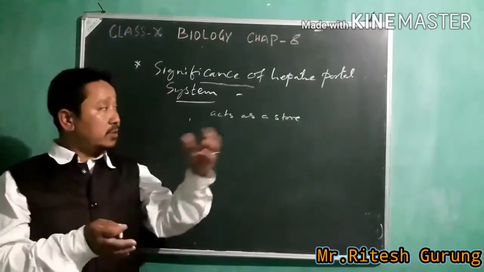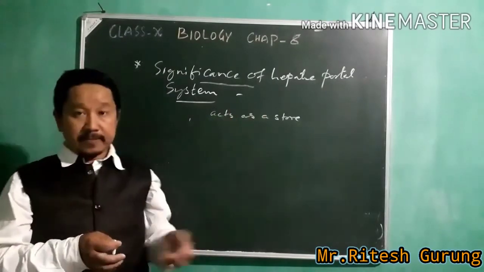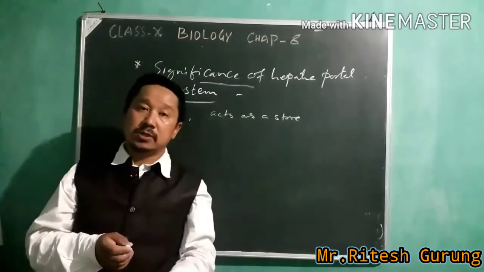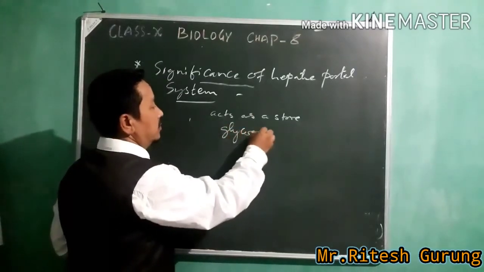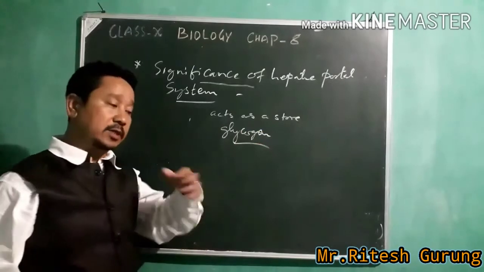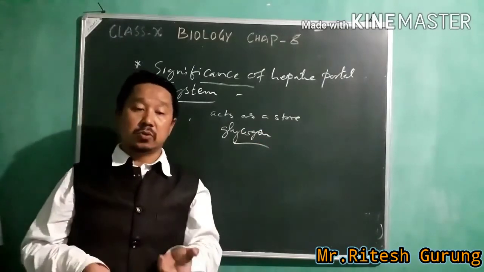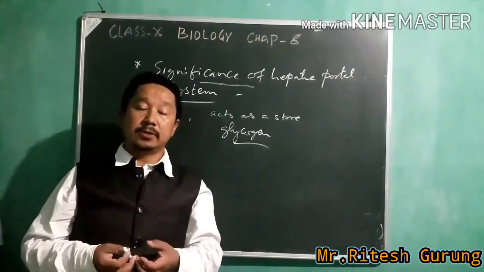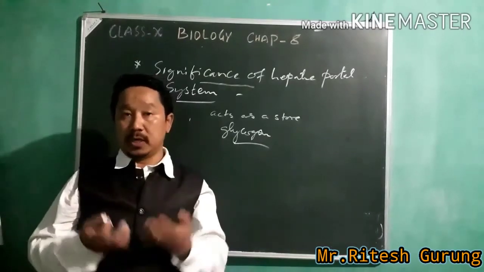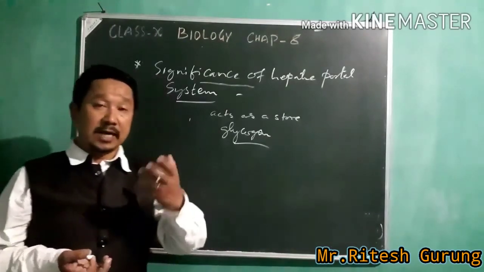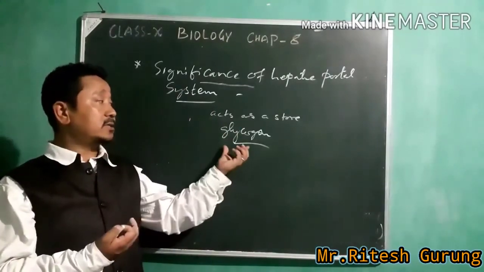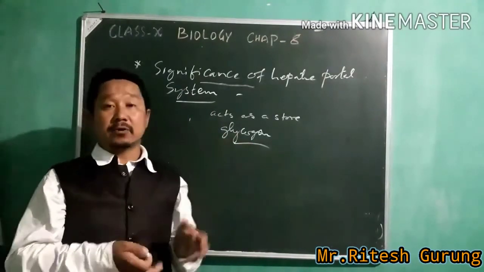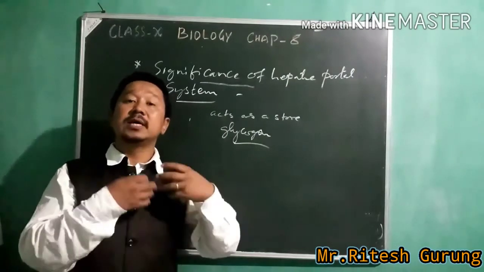That will be brought to the liver in the same way and stored in the form of glycogen, not in the form of glucose, because glucose is a readily soluble form of carbohydrate. That excess glucose is converted into glycogen and stored there. So this is how it regulates.